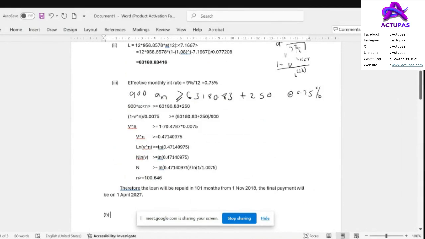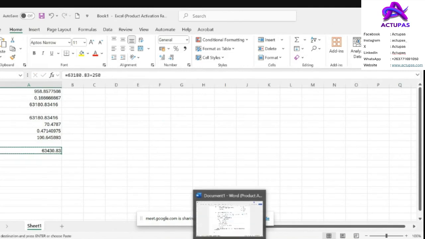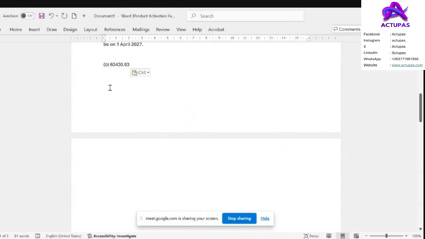So we can calculate the final installment, we can use the equation of value, starting with this amount that we got here. This would be the total amount payable. How much is it? So this is equal to 63,430.83. So we say this amount here, 63,430.83 is equal to, we have 900 for the first 100 months.